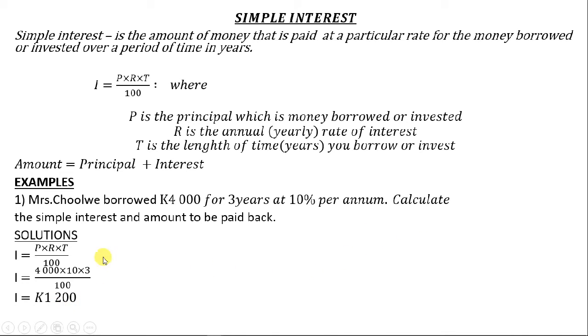Now the question is saying calculate the simple interest and the amount to be paid back. We have found the interest, which is 1,200 kwacha. The amount is equals to the principal plus the interest. Where there's P, we are going to replace a 4,000, and where there's I, we'll replace our interest, which is 1,200.